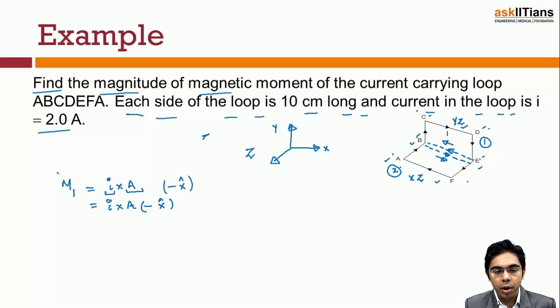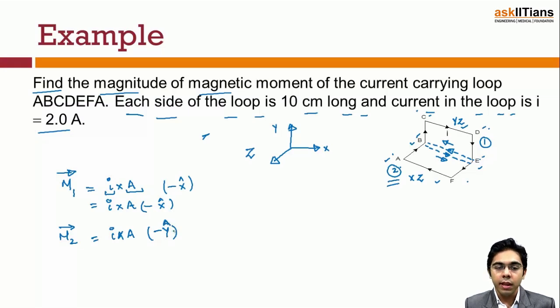This is the M1 vector, that is the magnetic moment because of the one loop. If we take the second loop, that is the M2 vector, it will come out to be I into area. Again I into area. Now what is the direction? Now guys, what is the direction of this? Curl your fingers in the direction of current. Where will it point? It will point in the direction of minus y, minus y cap or minus j cap.